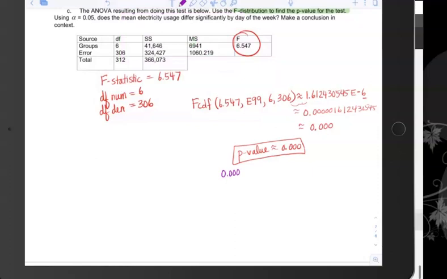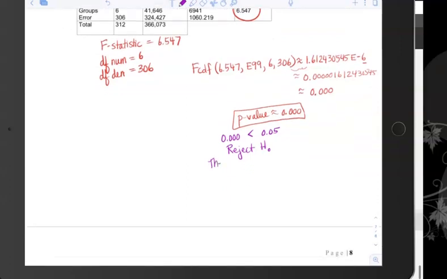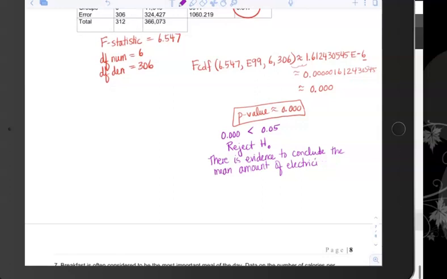Well, 0.000 compared to 0.05 is much less than that, which means I will reject the null, and we can say there is evidence to conclude the mean amount of electricity used differs by day of the week.